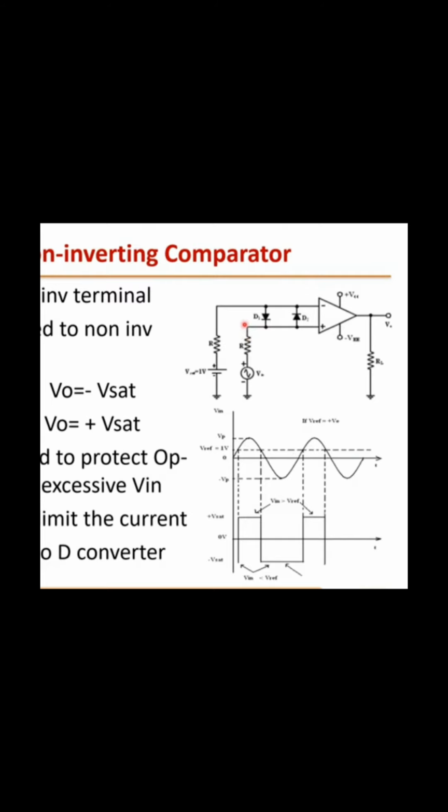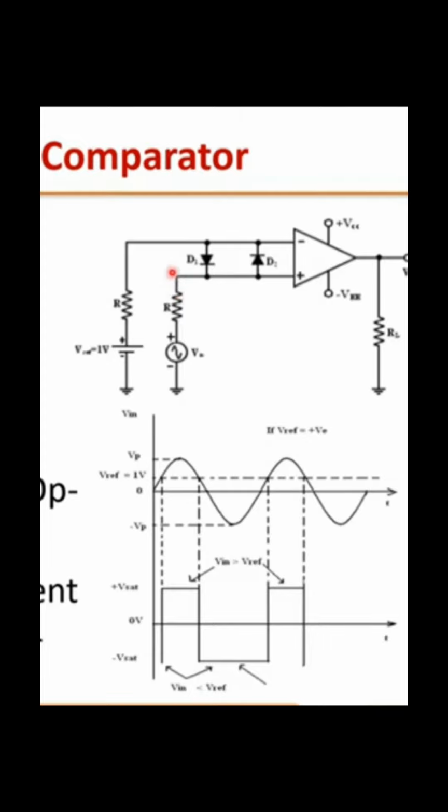If the reference voltage V reference is negative with respect to ground, with a sinusoidal signal applied to the positive input, the output waveform will be as shown in this graph.